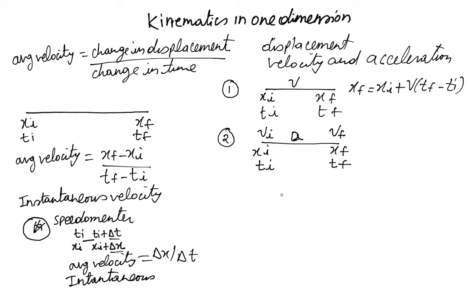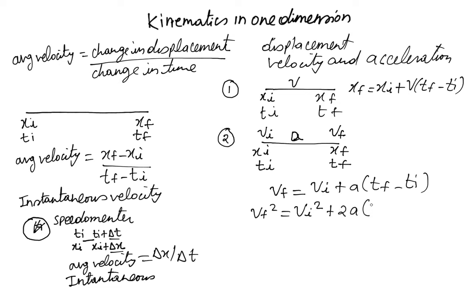Now these variables can be related using these two other equations, which are vf equals vi plus a times tf minus ti. Also you can write vf squared equals vi squared plus 2a times xf minus xi.